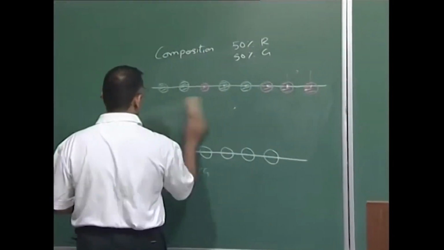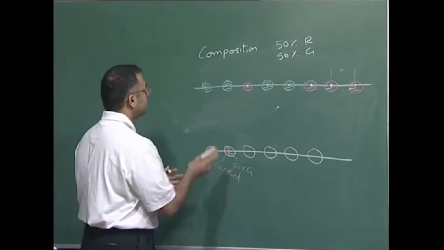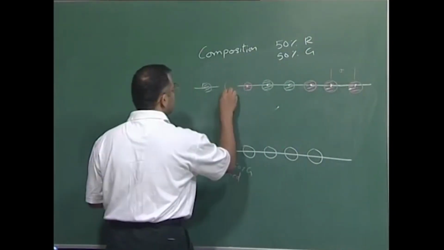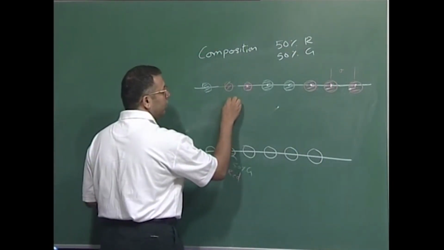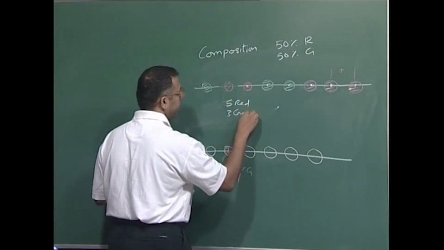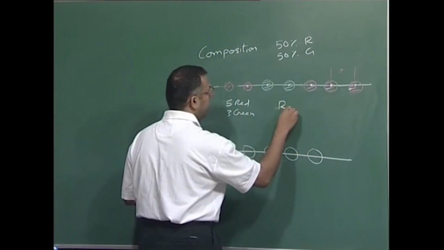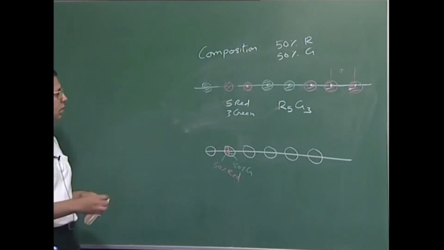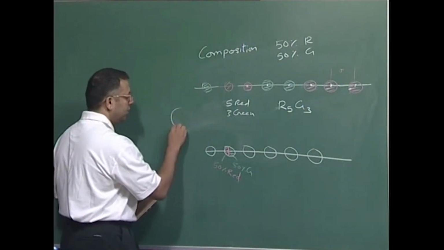Suppose in this same example I make one more of red, and assume this is the composition I am going to maintain. So, for every 3 plus 2, 5 red, I have 3 green. My composition would be red 5, green 3. So the probability circle would not be equally divided.